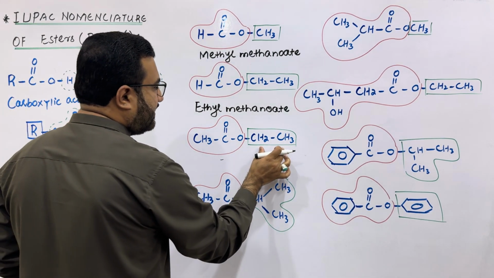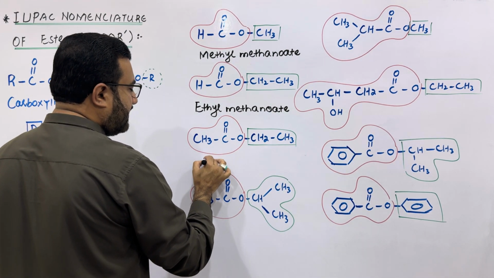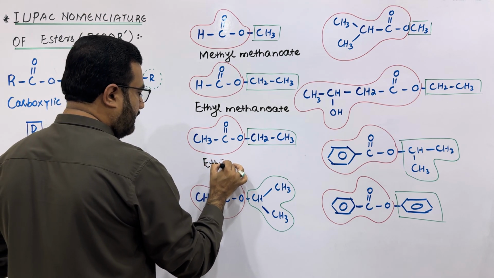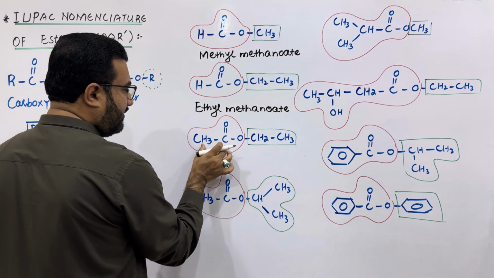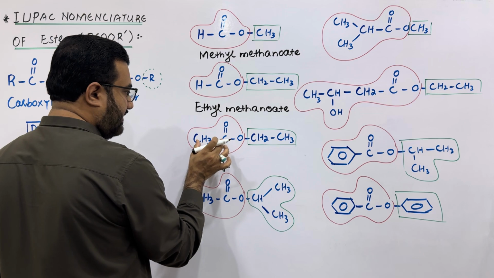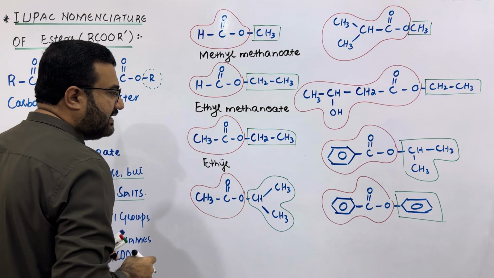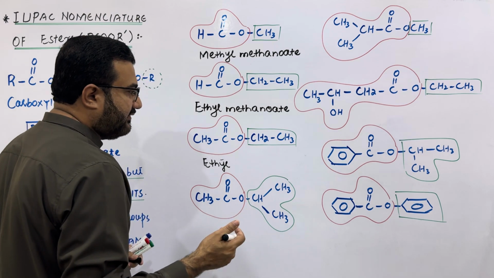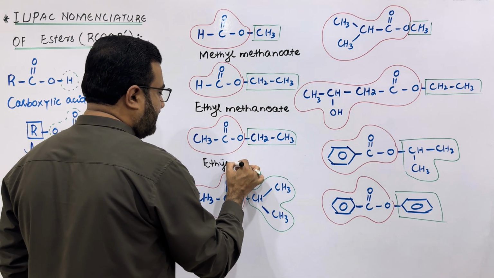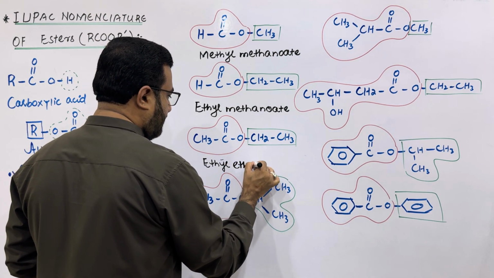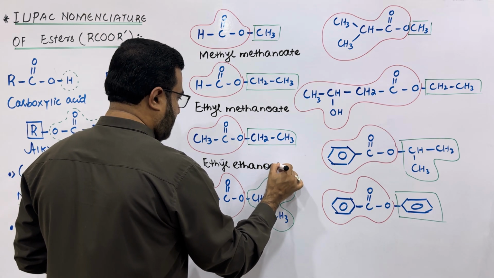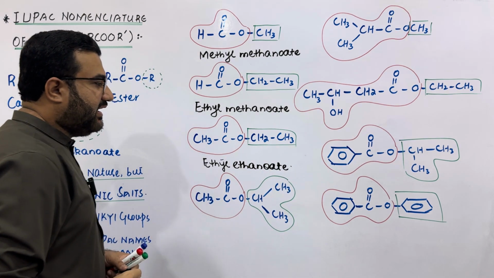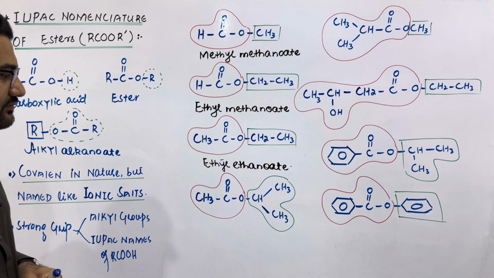Similarly, again the alkyl portion is ethyl, and the portion from carboxylic acid shows that it contains two carbon atoms, and the carboxylic acid with two carbon atoms in IUPAC language is called ethanoic acid. So it will be ethanoate. That will be ethyl ethanoate.